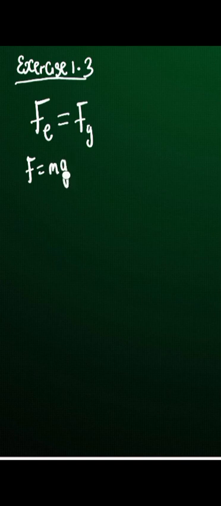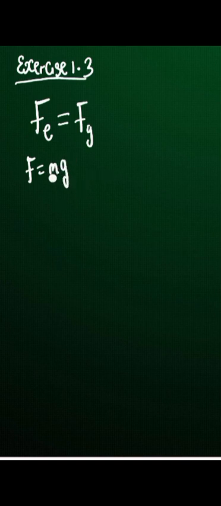What force is that? Electrostatic force. So in this case, we are equating the electrostatic force, Fe, to the gravitational force, that is Fg. And we know that the force of gravity is the weight, so Fg is the same thing as the weight, and weight is given as mg.